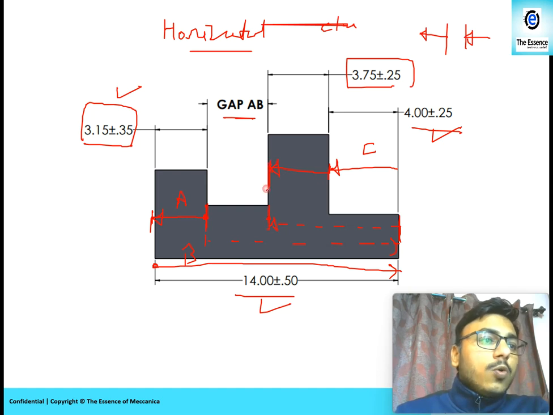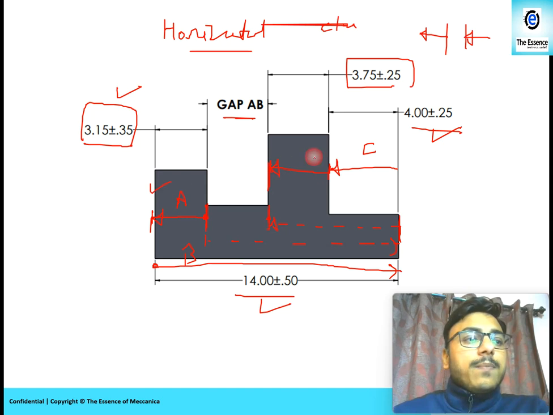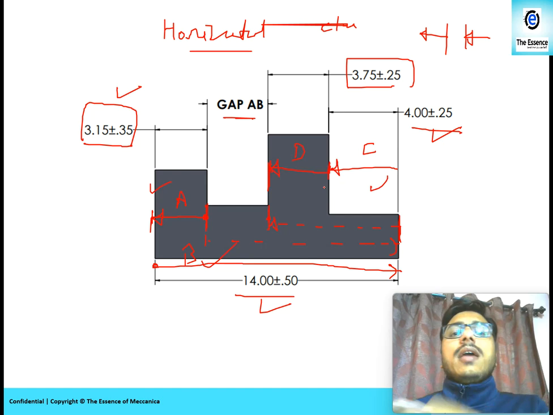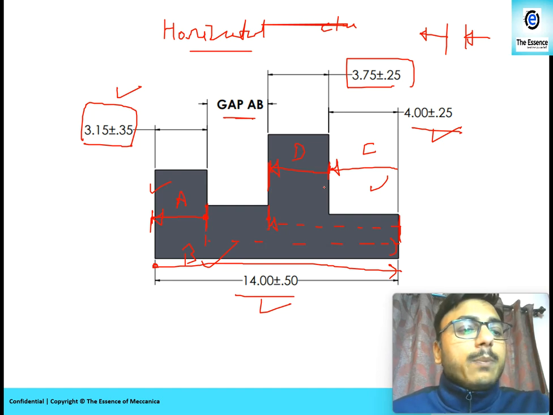So in this way the loop is closed and this is how we prepare the loop. A, B, C and this will be D. This is our loop and we will now prepare the stack up table. So in this way we can prepare the loop diagram. Let's move ahead further with the stack up table.